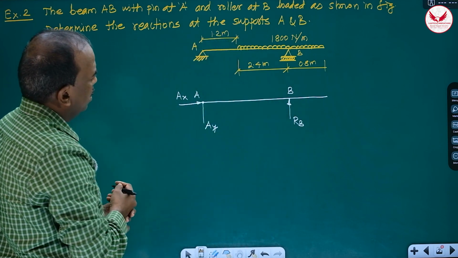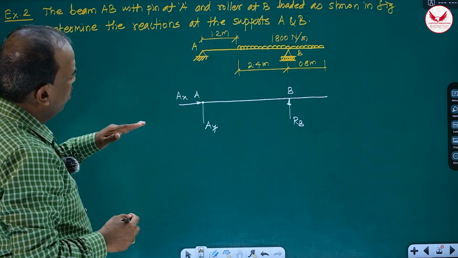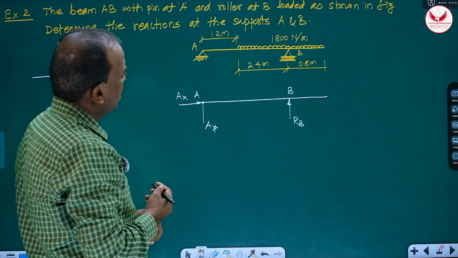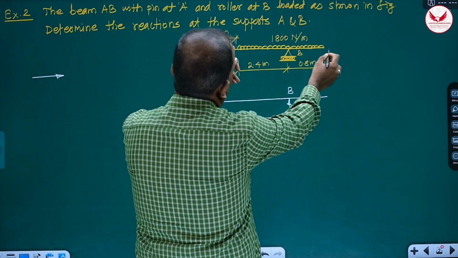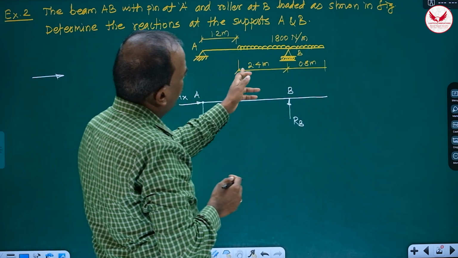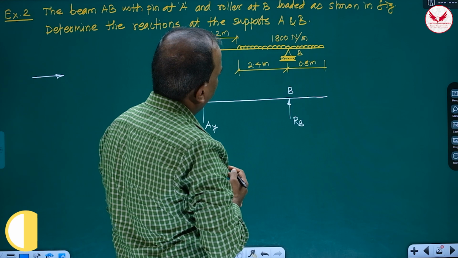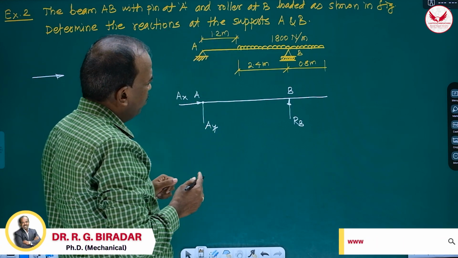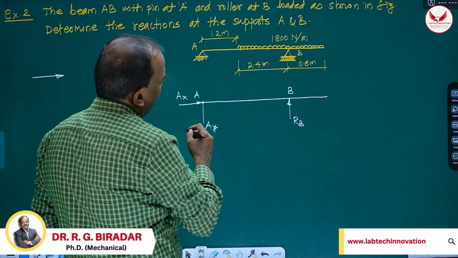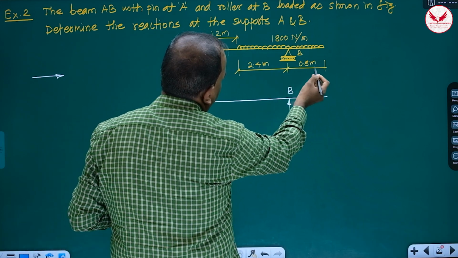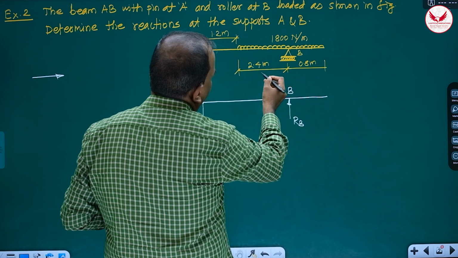Now, whatever the load is there, where is that load acting? That load is acting at the center of this UDL. The center of the UDL will be what? 2.4 plus 0.8, it is going to be 3.2. And 3.2, its center means actually from this side, 3.2, its center.